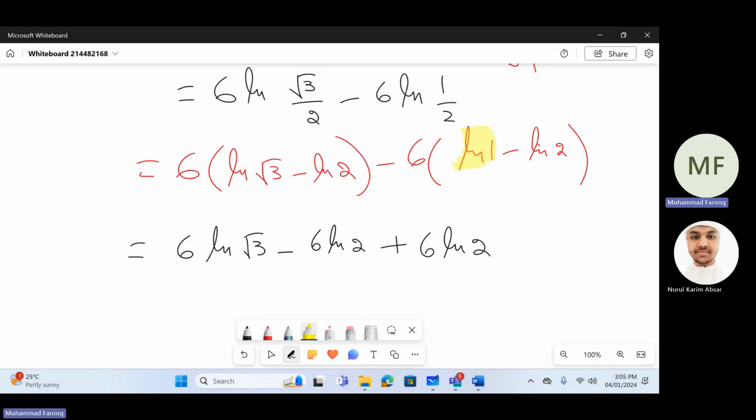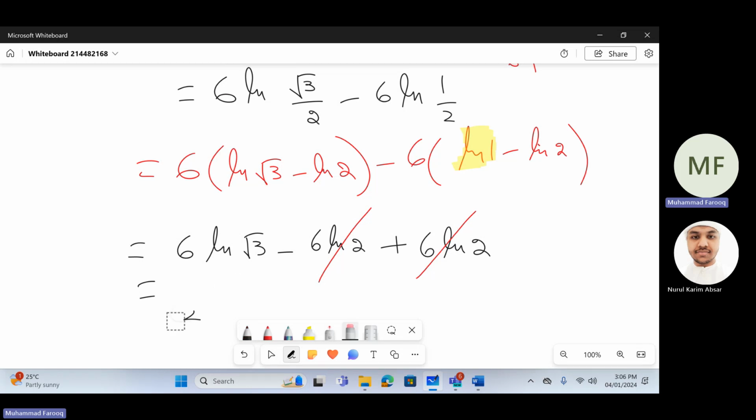What else we can do is this: the square root made it 1 over 2.